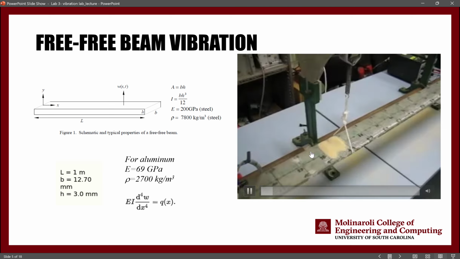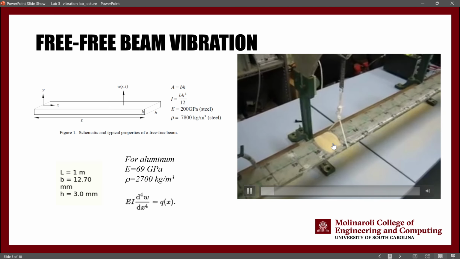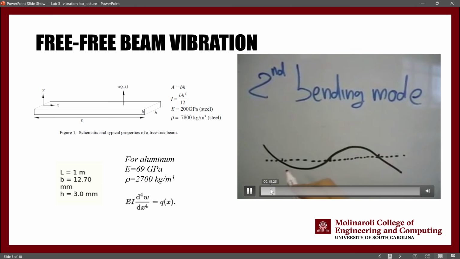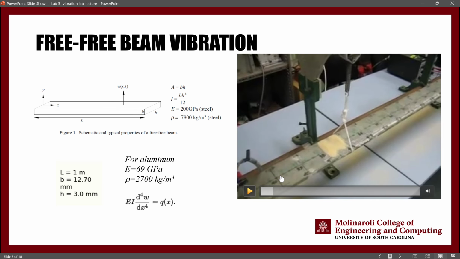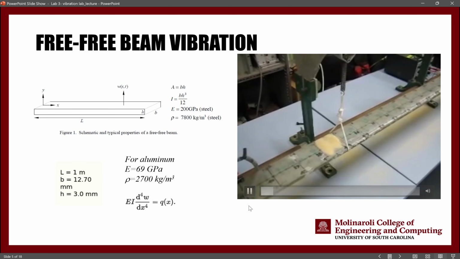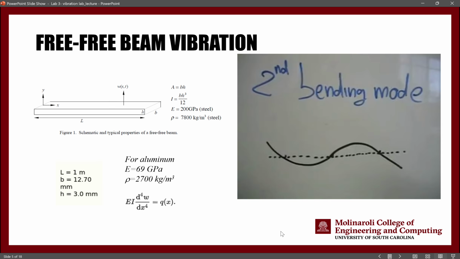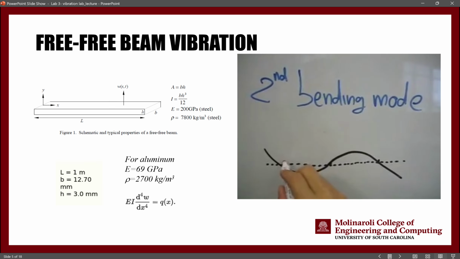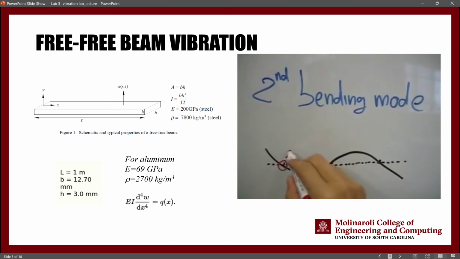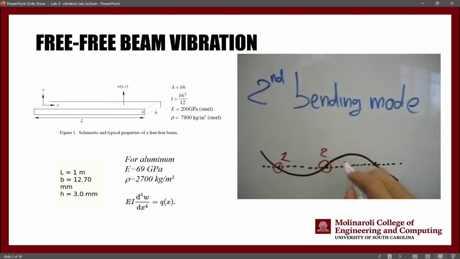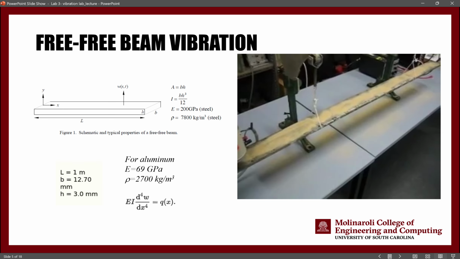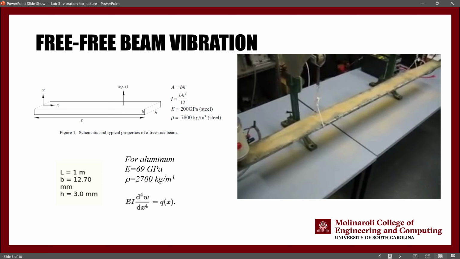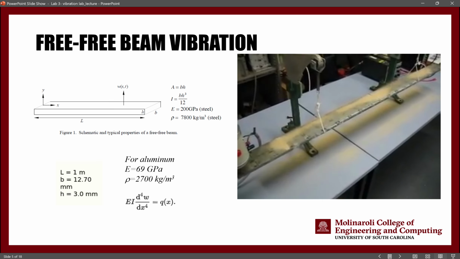See, they are using sand here, and the sand is going to a location where the displacement is 0. So this location is the location of the node, and we do have another one for the first mode. As you increase the frequency, you enter the second mode of vibration. For the second mode of vibration of a free beam, we are going to have 3 nodes where the vibration is 0.